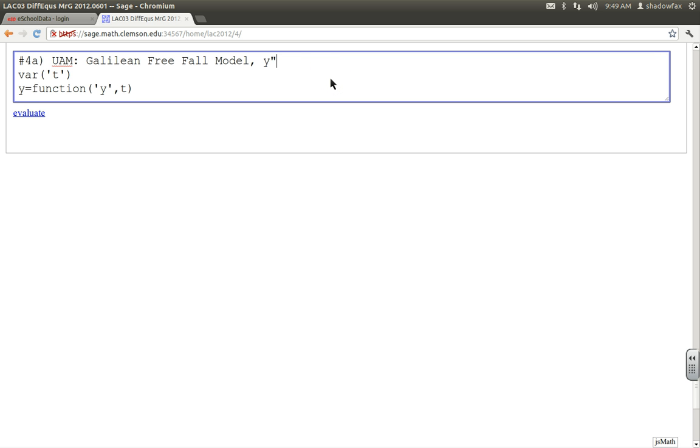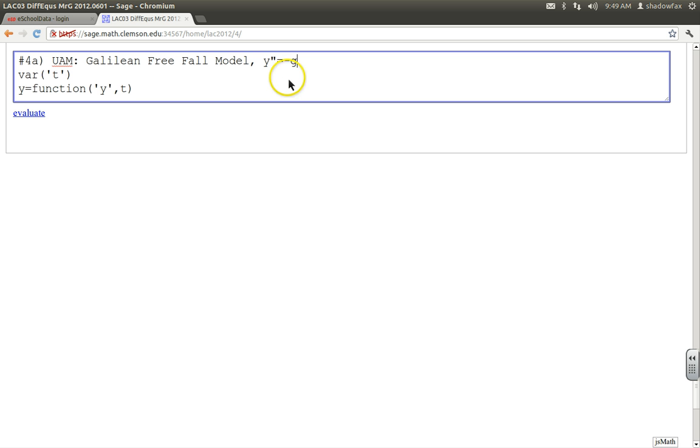Y double prime equals what? Well, I guess we'll call it negative g, where g is the constant of acceleration due to gravity, depending on your units. What if I say g is 32? What am I saying? Feet per second squared at sea level on the Earth, right?